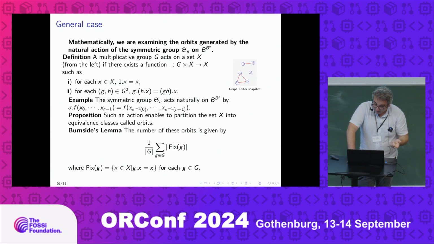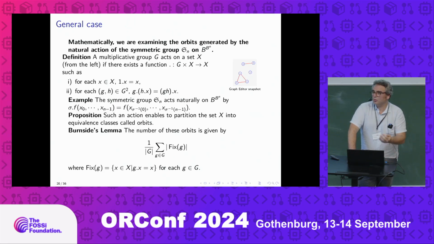And then there is a very nice result called Burnside's lemma that gives you the number of classes, and it uses the number of fixed points. You apply the permutations to your function, and you look at the number of functions that are fixed by every permutation.